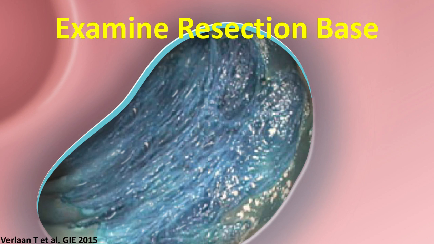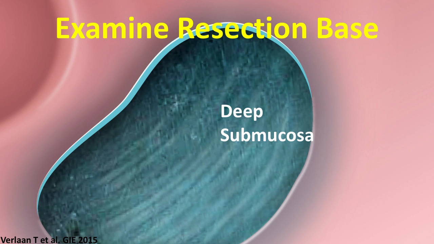If you have used indigo carmine or methylene blue to inject, and you see blue submucosa as a mesh, that indicates that your depth of resection is limited to the superficial submucosa. Sometimes you could go a little bit deeper and see the muscles with no damage to the muscles.